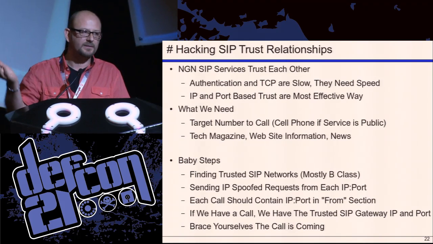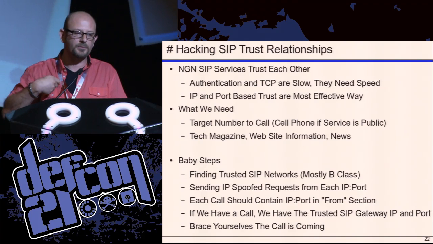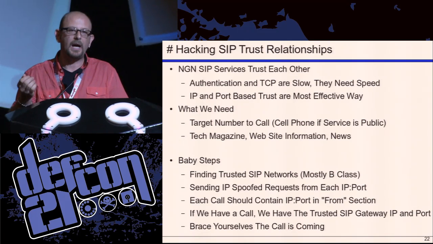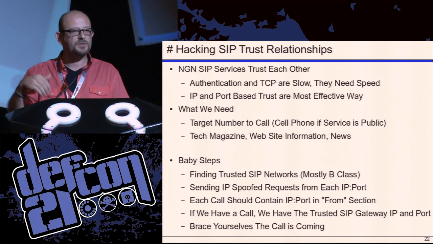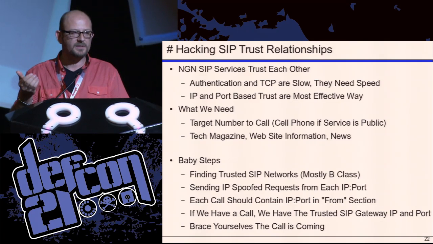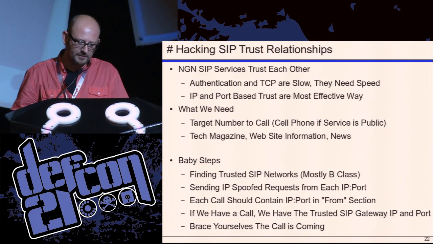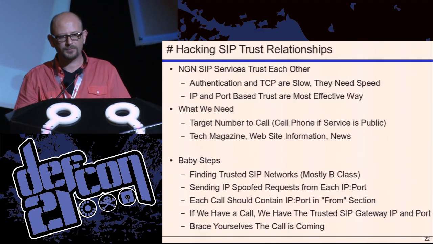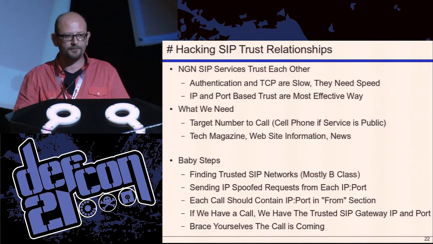We will spray IP spoofed and port spoofed packets at this target server, and if this server trusts other IPs, there will be a call and we will learn its basic IP address and port. It's in baby steps. We should find trusted SIP networks, mostly B class.